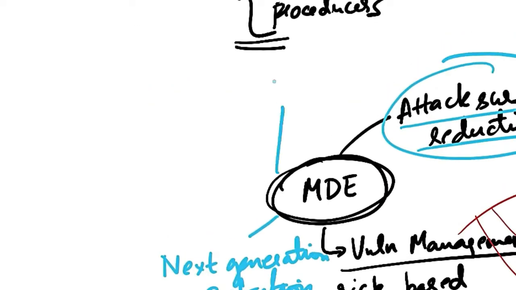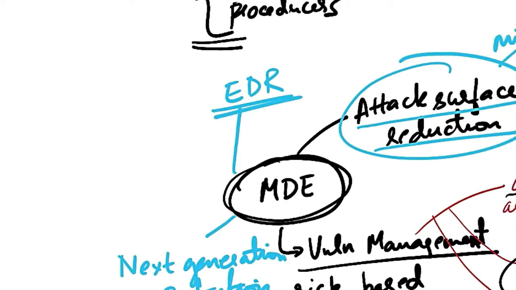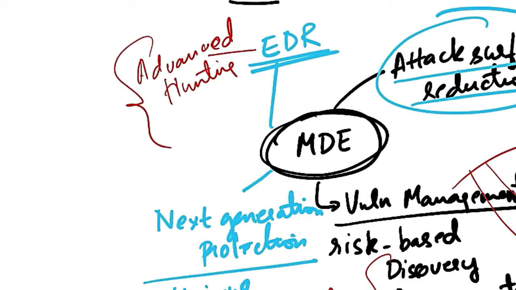Next capability is endpoint detection and response of MDE. These are there to detect, investigate, and respond to advanced threats. This also includes the advanced hunting feature. This is query-based threat hunting. This gives you an opportunity to proactively find breaches and create custom detections.